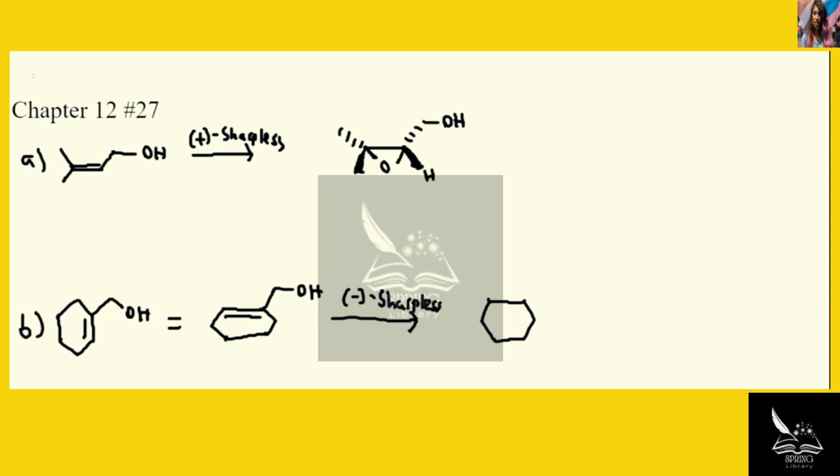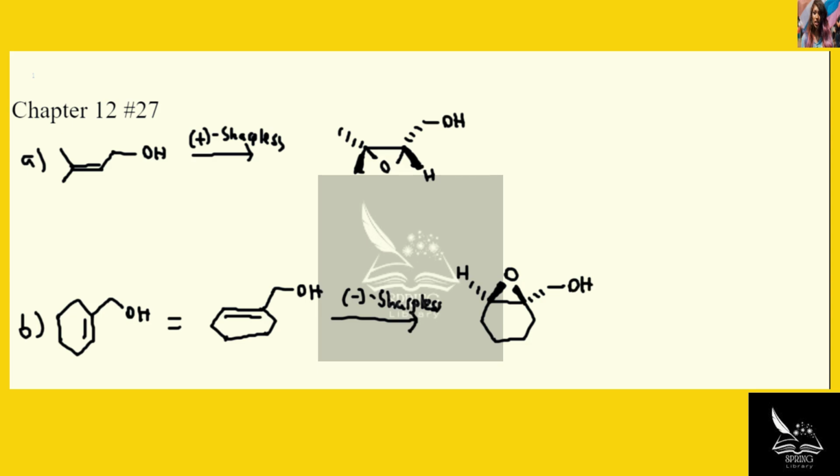Since our ring is in the plane for this one, we'll put the oxygen coming out on wedges. Then our one substituent and this hydrogen are going to be on dashes, just like this. Okay, and that's the answer to part B.